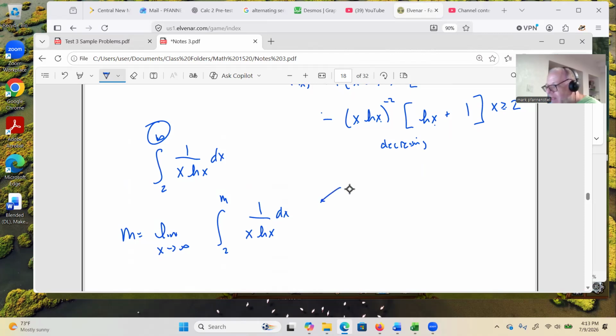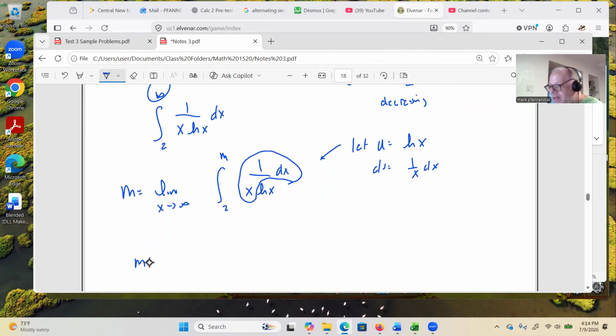Let u equal natural log of x. Then du equals 1 over x dx. So this 1 over x dx, this piece right in here, is my du. So we have the limit of the integral from 2 to m of 1 over u, that's my natural log, and then the 1 over x dx is a du.